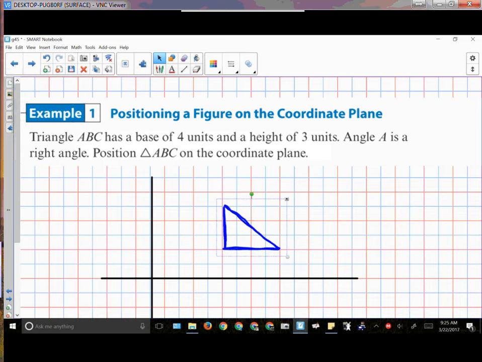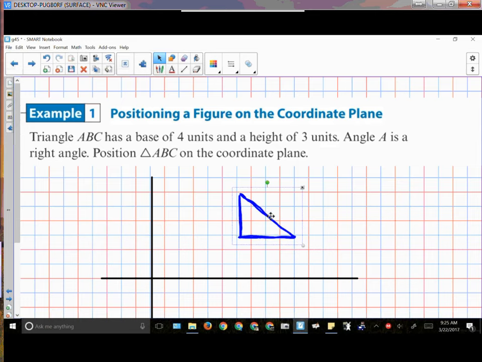So, got my triangle. By the way, could I have put my triangle like this if I wanted to? Sure, it's on the grid. I could put it back down here, where I had it to begin with. I could have set it over here like this.